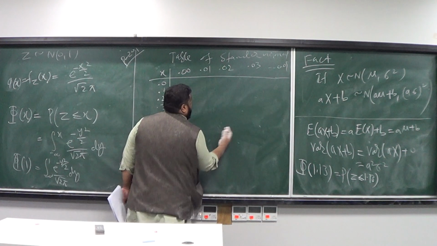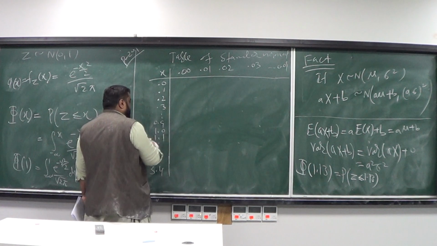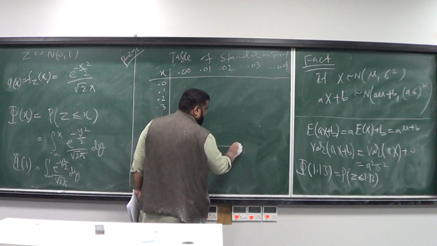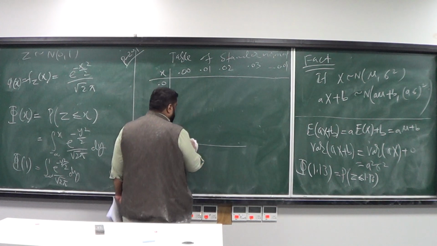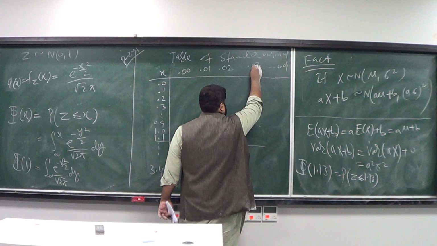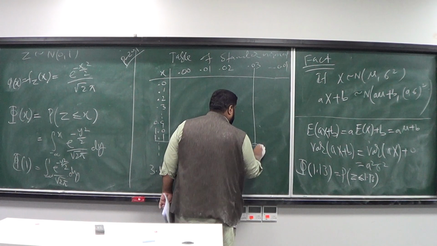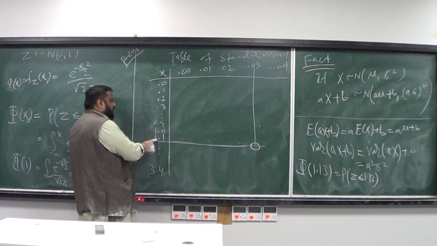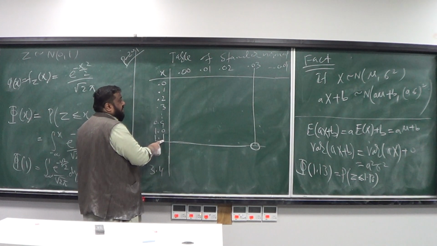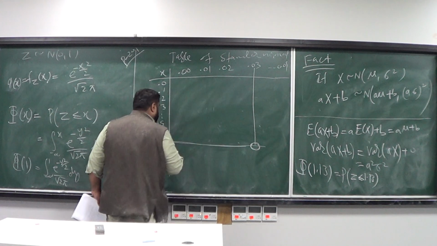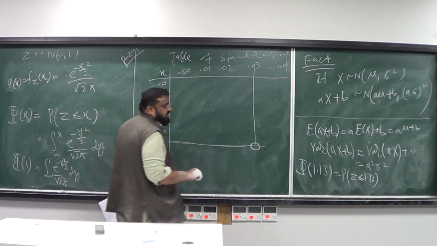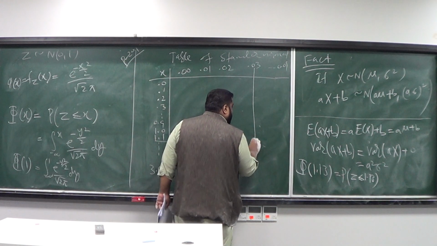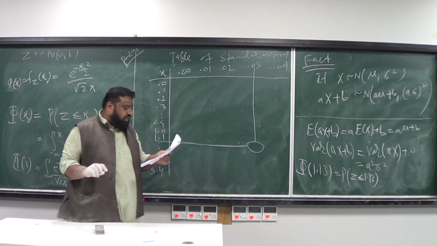So what will I do? I will go to this table and first reach 1.1, and after that I will take 0.03 from here. So this is going to be the value, 1.1 plus 0.03, so it's 1.13. Then whatever number is written here, someone has already calculated some numbers for you.